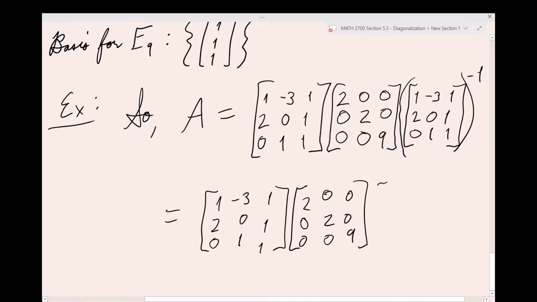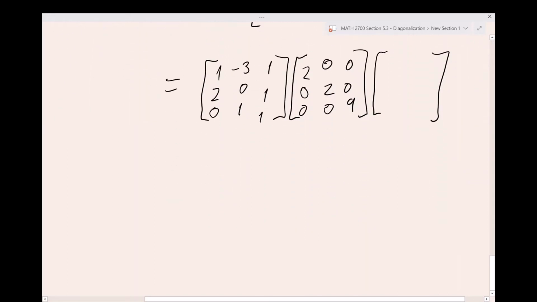If I wanted to, I can compute what the inverse of this matrix here is. Maybe we should compute that. So off to the side here, real quick, let's compute the inverse of that matrix. That was down the columns 1, 2, 0, negative 3, 0, 1, and 1, 1, 1.